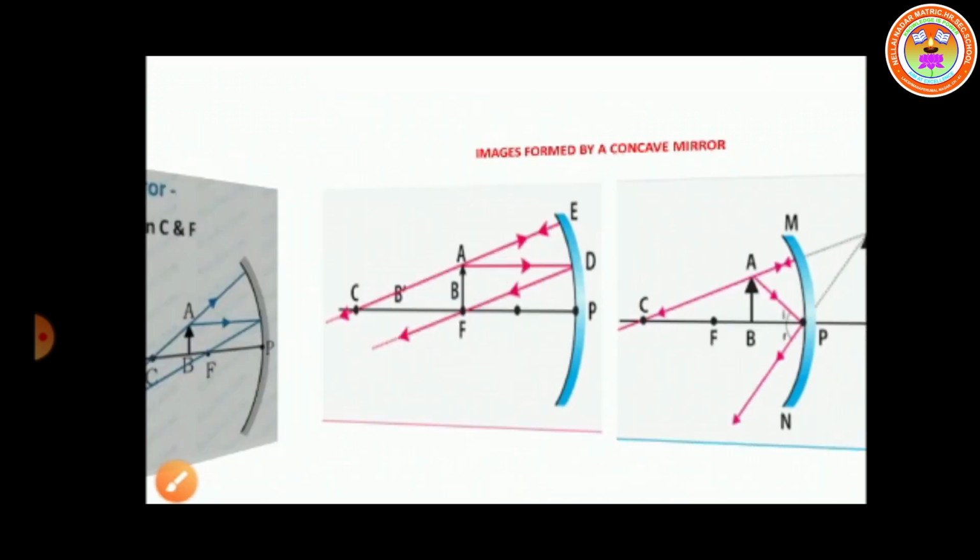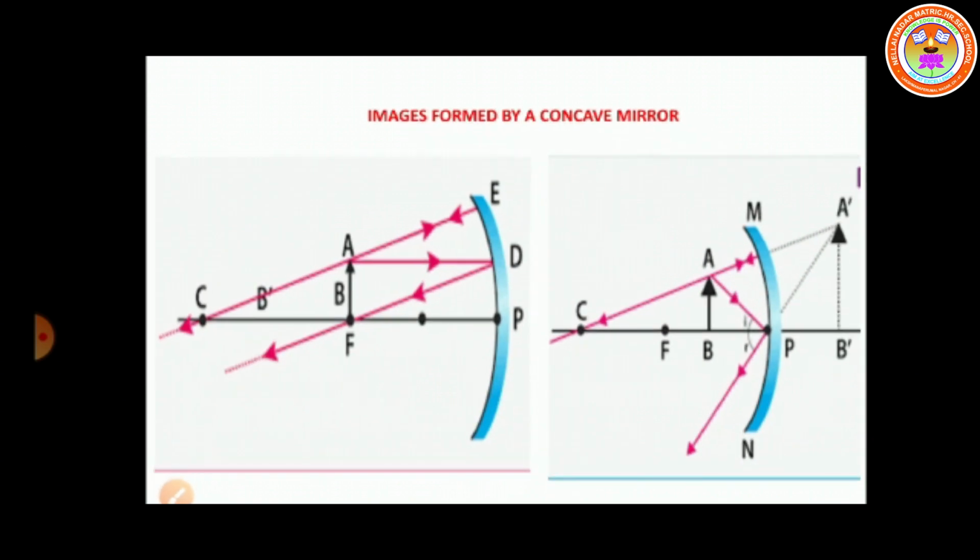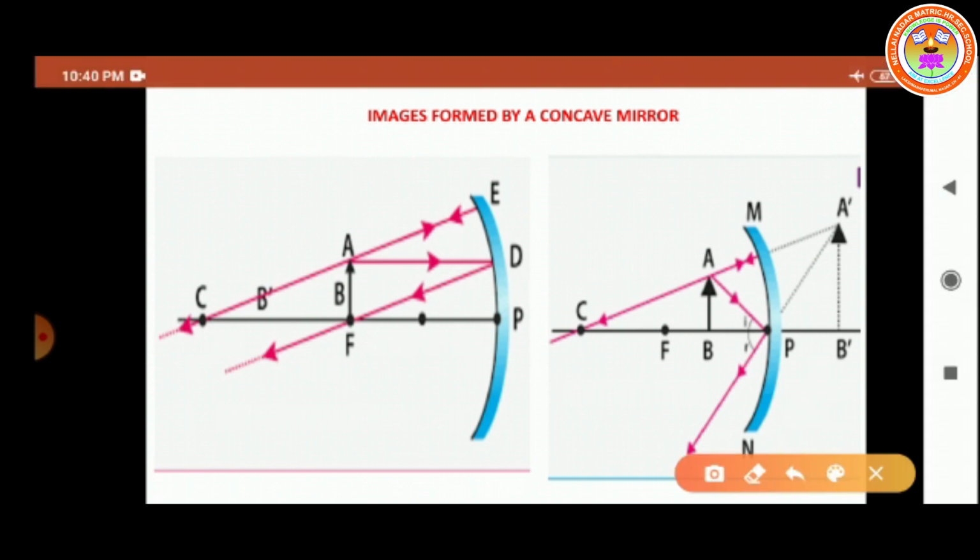And let's move on to the next case. Suppose the object is located at the F point. What is F? F is nothing but the principal focus, isn't it? So the object is located at the principal focus. The light falls on the mirror and afterwards the light rays will be reflected.